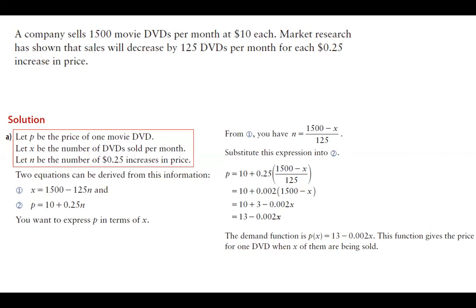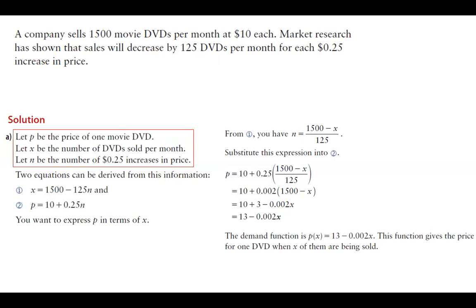So next, the price will be the original price 10 plus 0.25 times N, because N denotes the number of price increases. Remember, we want to establish the connection between P and X, right? We want to find the function of P in terms of X. So from equation number 1, we have N equals 1,500 minus X over 125.